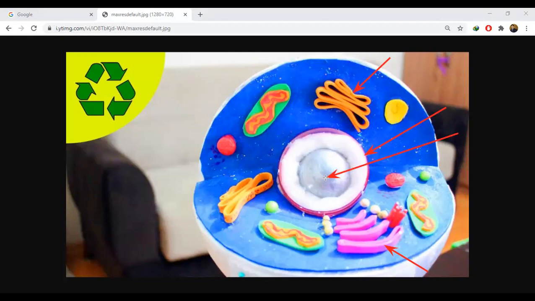Think well, refer well, and tell me. What is it? Some people are writing nuclear. What is that nuclear? Yusuf, how do you call that one? Nucleolus.